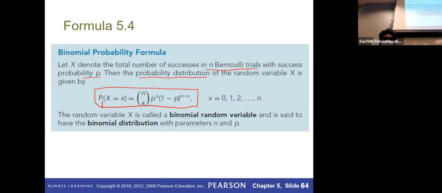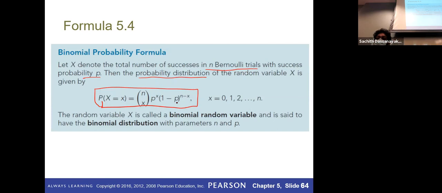Using this, the probability that X equals x is the binomial coefficient n choose x, times the probability of success to the power x. What is this x? The number of successes. Times 1 minus p. What does 1 minus p mean? The probability of failure.